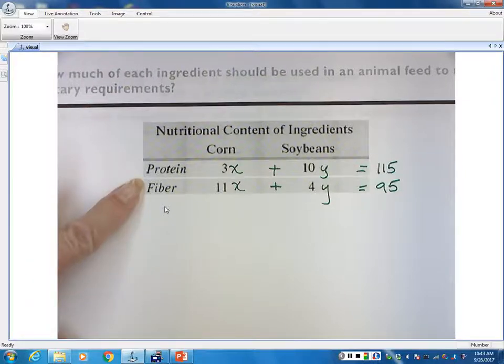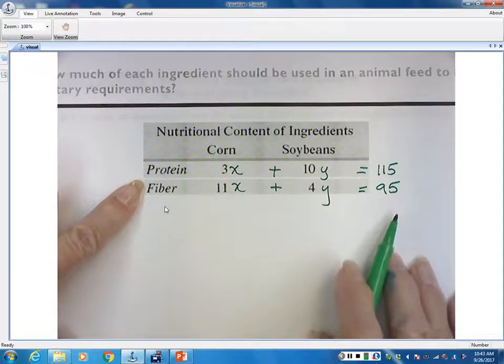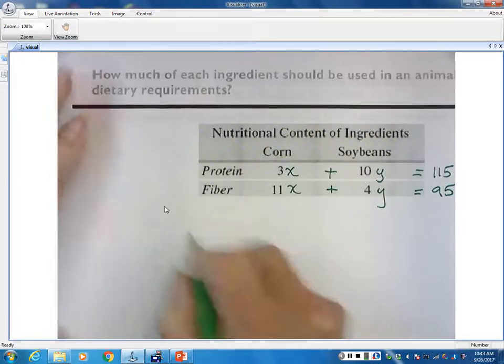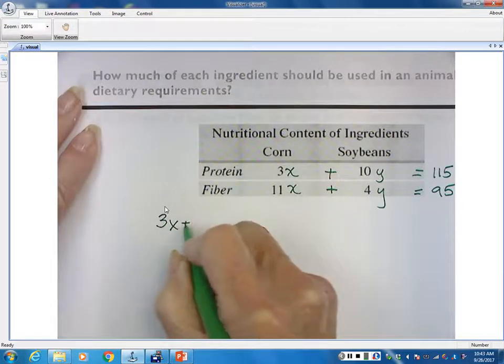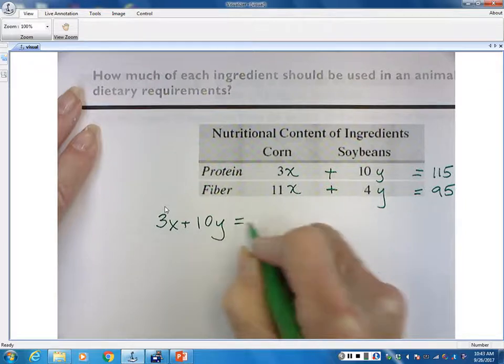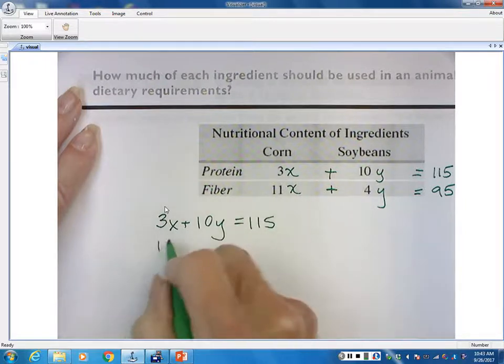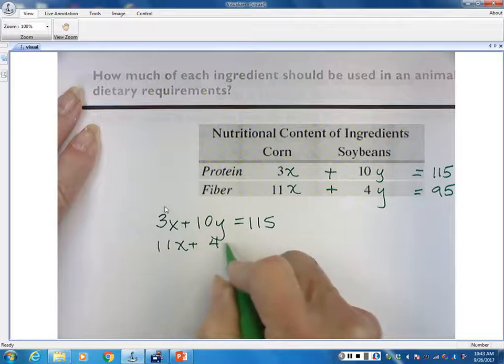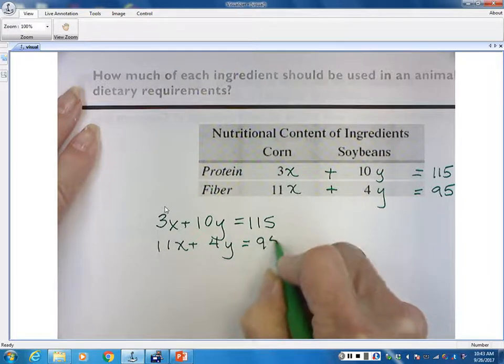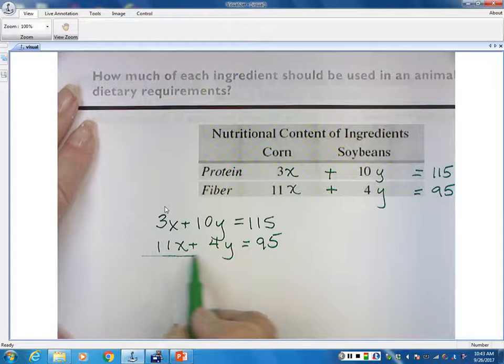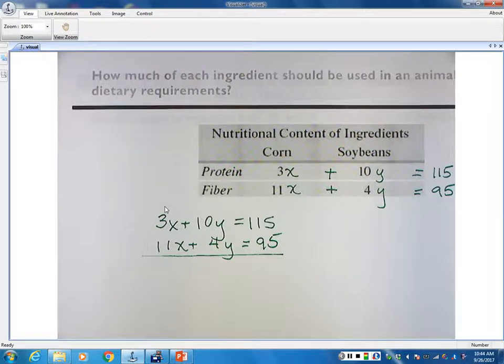So what we want to do is take this system of equations, and I would like to multiply both of those equations all the way across both sides by some number that would allow me to get rid of the x variables in one of those equations, or both, that would be fine too.